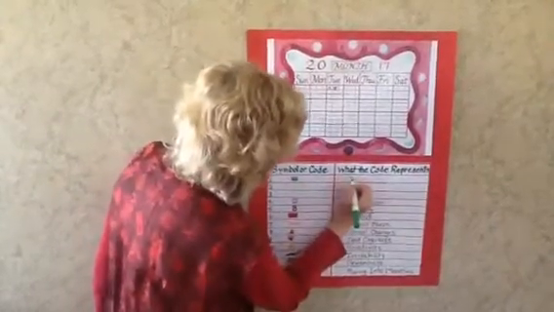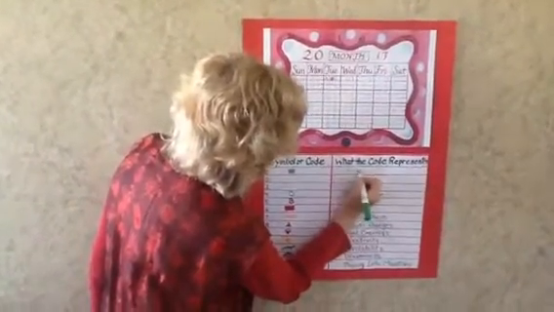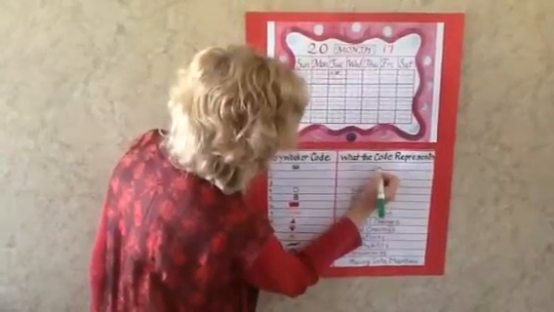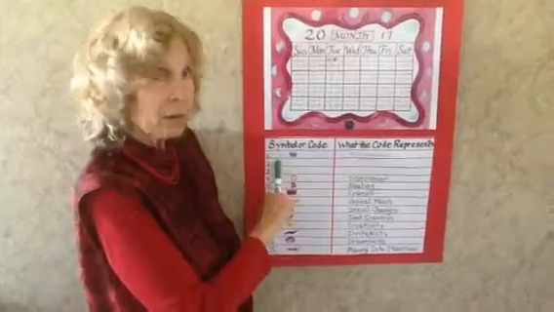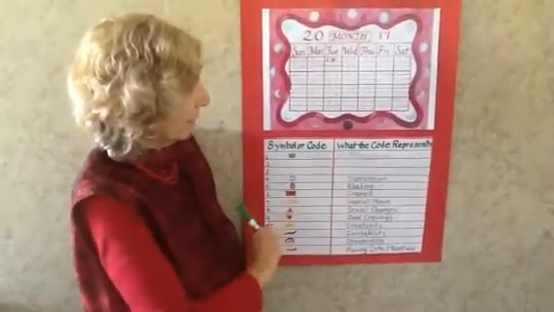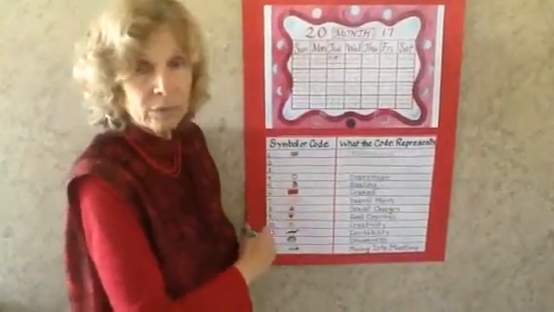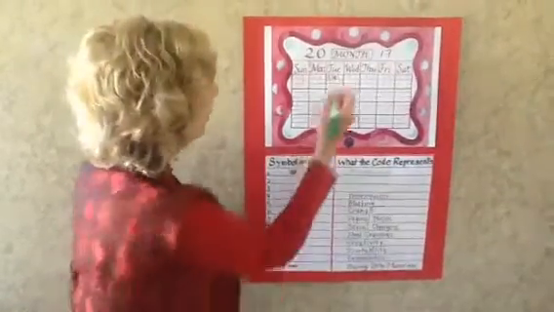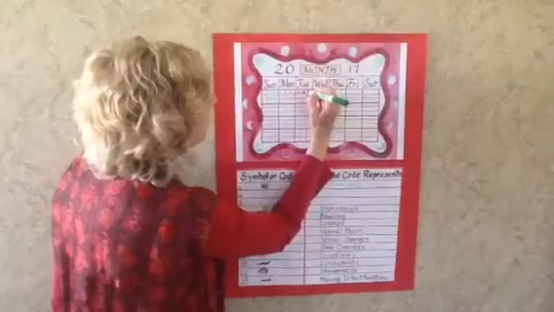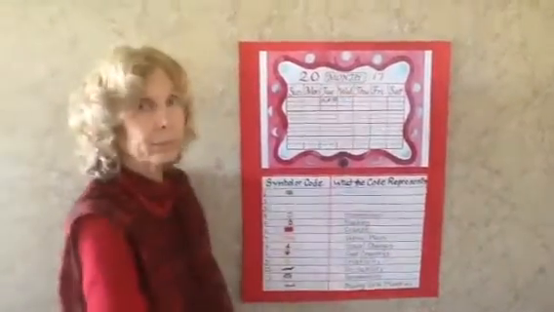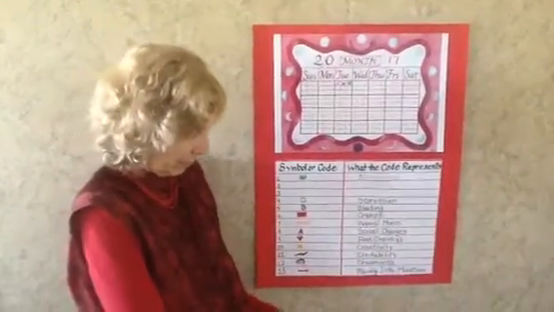Write it down. And know that this color is going to represent this situation you want to keep track of. Then, if you feel energized, just fill it in one of the boxes.